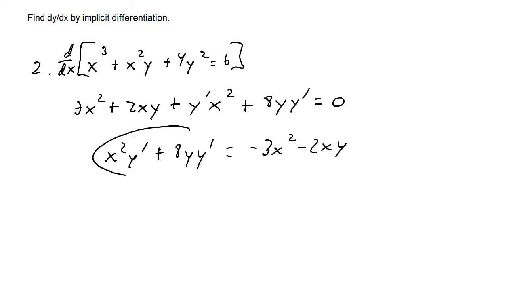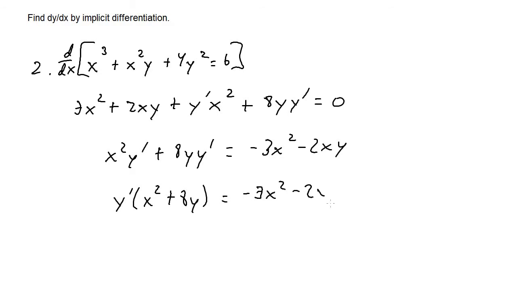So now in order to isolate y prime, I'm going to factor out a y prime. So we get y prime times x squared plus 8y equals negative 3x squared minus 2xy, and then I can divide over x squared plus 8y. So the final answer for y prime or dy dx is going to be equal to negative 3x squared minus 2xy over x squared plus 8y.